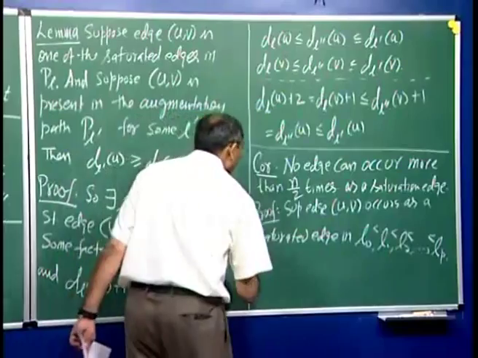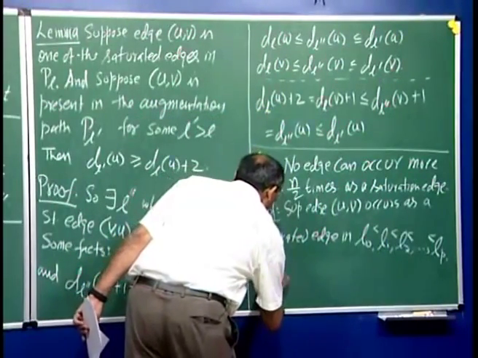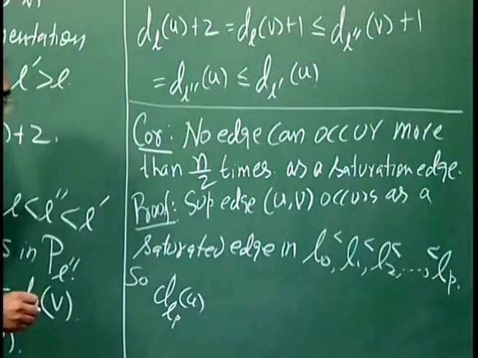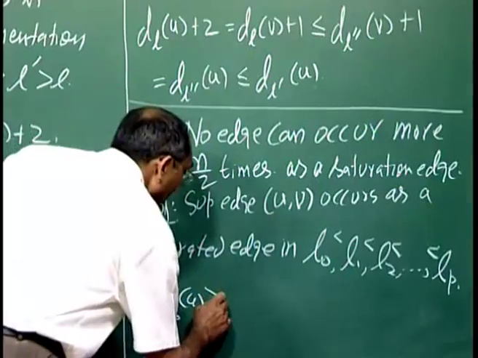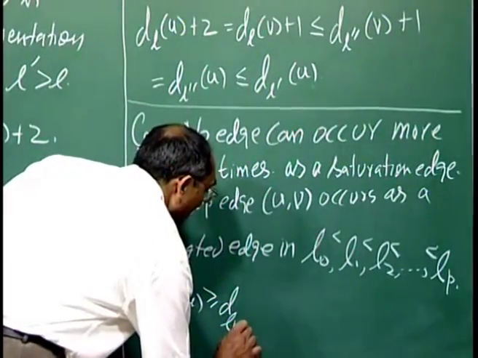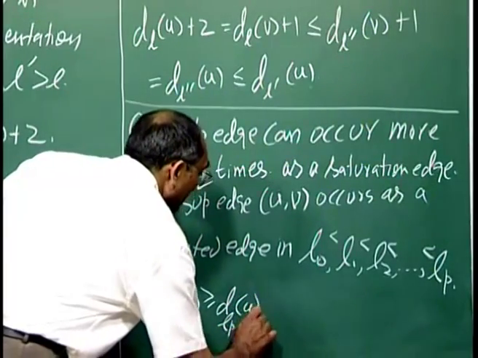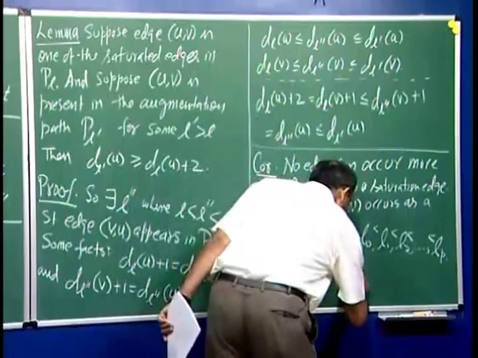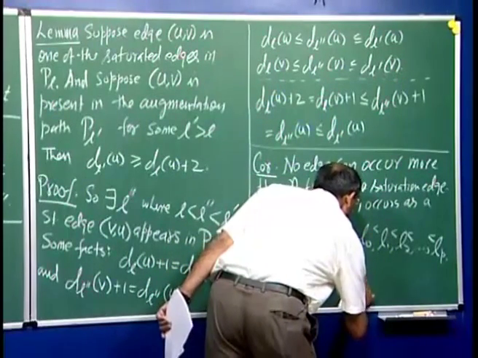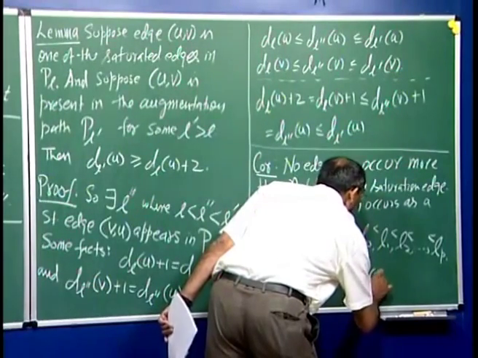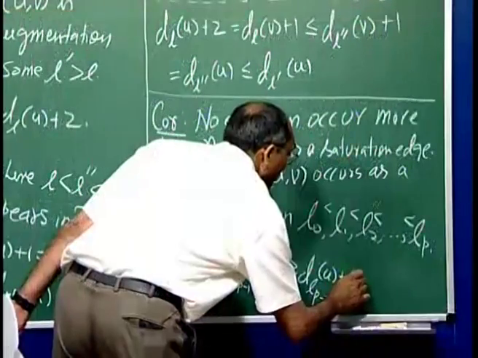So we know that dLp of u has to be greater than or equal to d of Lp minus 1 of u plus 2, and in turn d of Lp minus 2 of u plus 4.